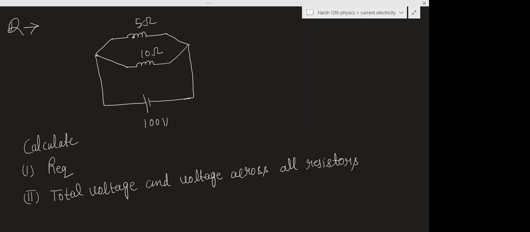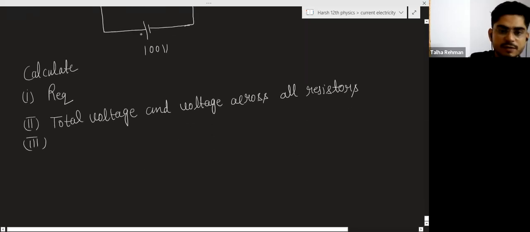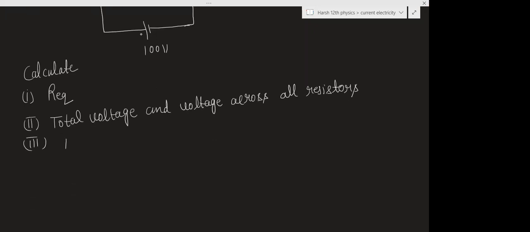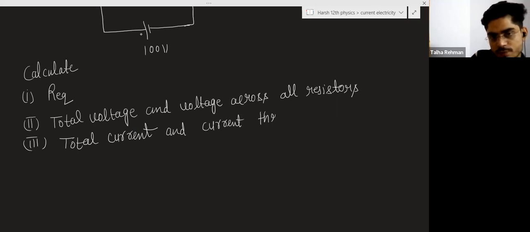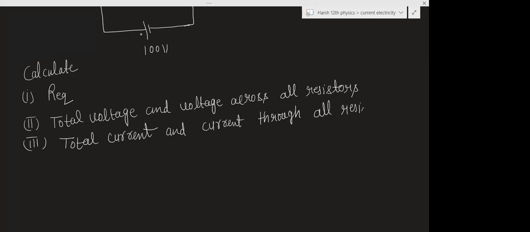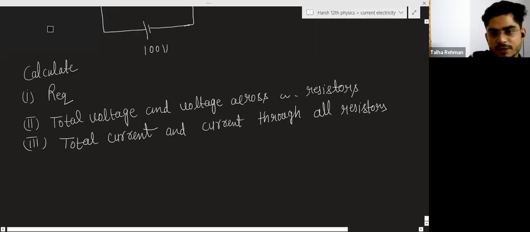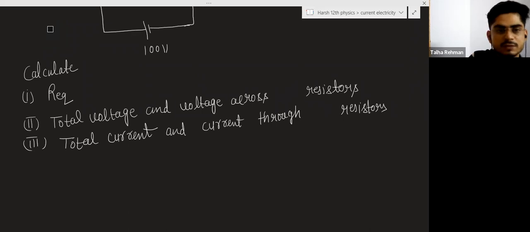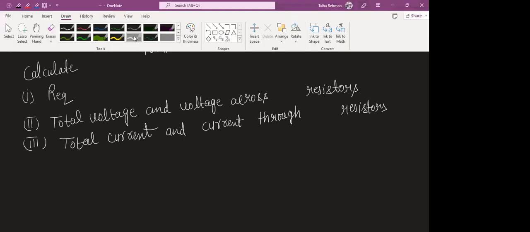Third part, you have to calculate total current and current through both resistors.